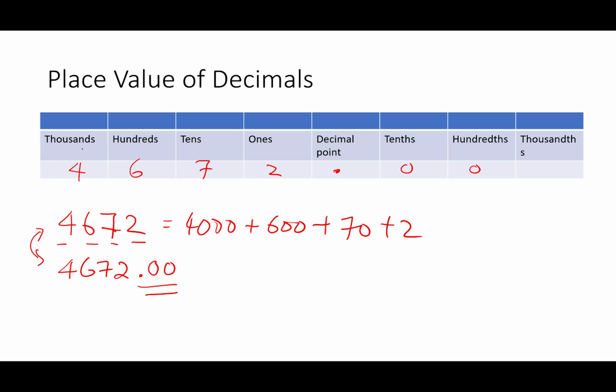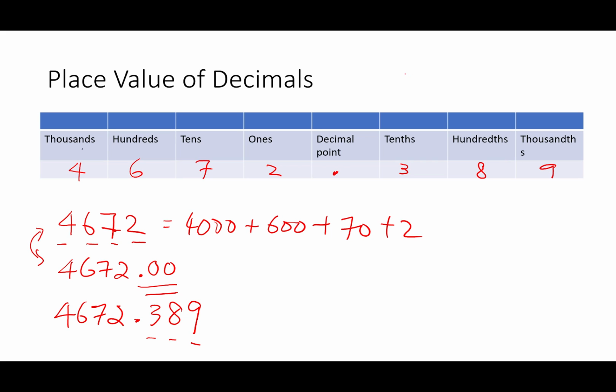Similarly, if we have another number, 4672.389, this is a decimal number. The decimal point will follow 4672. The 3, 8 and 9 have their respective values. The 3 here means 3 out of 10, 8 is hundredths, and 9 is thousandths.